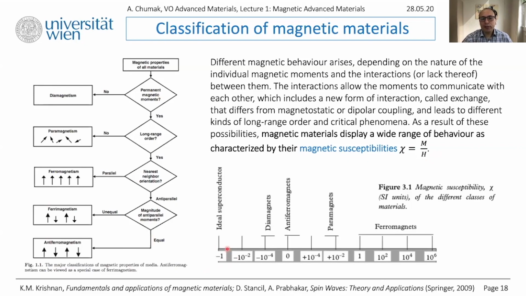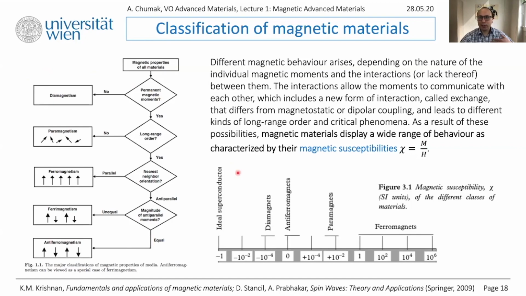Good. Then when we move on, we come to diamagnets. By the way, a superconductor is named an ideal diamagnet, in the sense that the absolute value of its susceptibility is rather large. But important is that in both cases, susceptibility is negative. It means the following: a diamagnet is not fully non-magnetic.